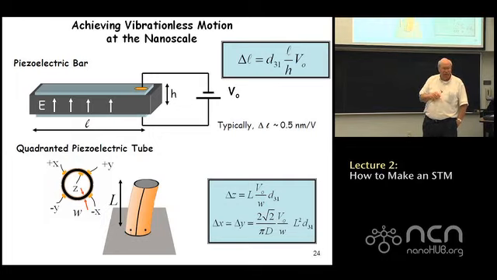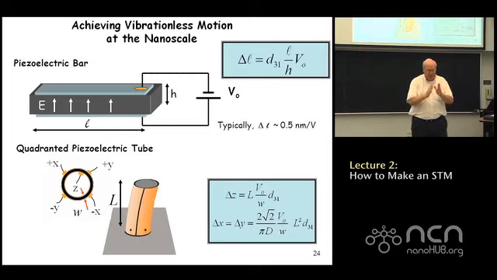Depending on the quadrants that you bias with an external voltage, the tube will slightly bend one way or another. So if you want to raster a sample in X and Y, you produce a sequence of voltages to the X and Y quadrants of the tube, and the tube bends faithfully. Well, not 100% faithfully, but it bends.